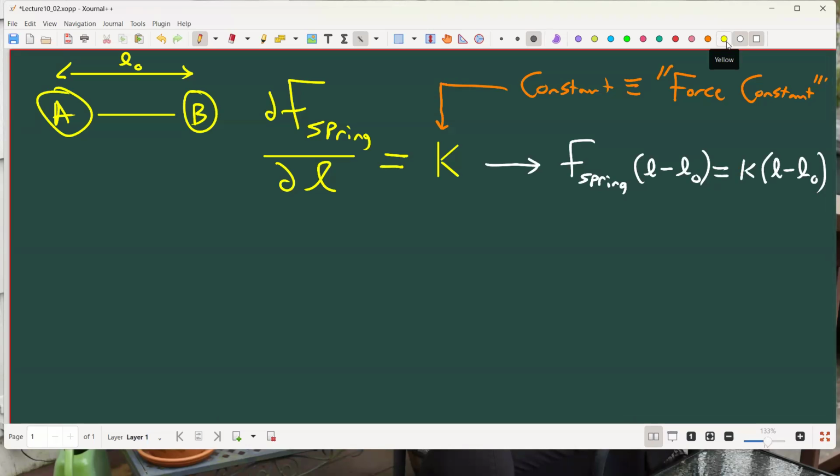So this K is a force constant. It's a parameter that tells you how much resistance the spring has to stretch. How much restoring force in newtons do you get per unit stretch? So the force constant measures, in some sense, the stiffness of the spring.